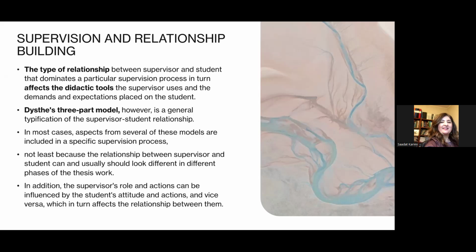In most cases, aspects from several of these models are included in a specific supervision process, not least because the relationship between supervisor and student can look different, and usually should look different, in different phases of the thesis work. In addition, the supervisor's role and actions can be influenced by the student's attitudes and actions, and vice versa, which in turn affects the relationship between them.